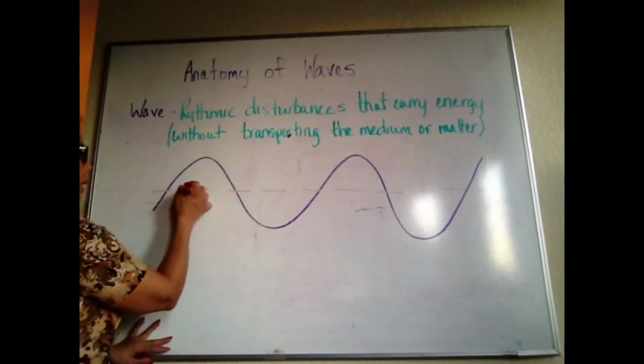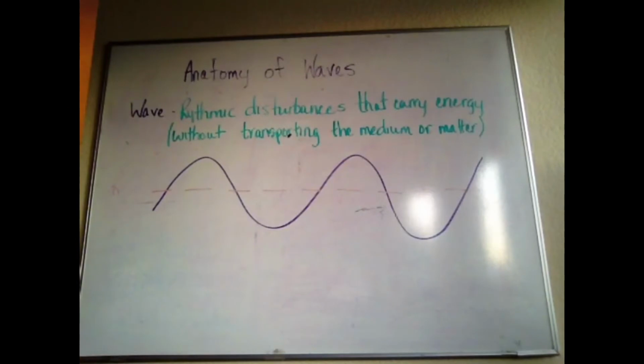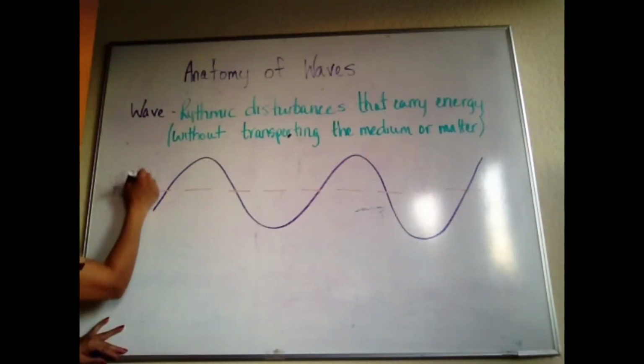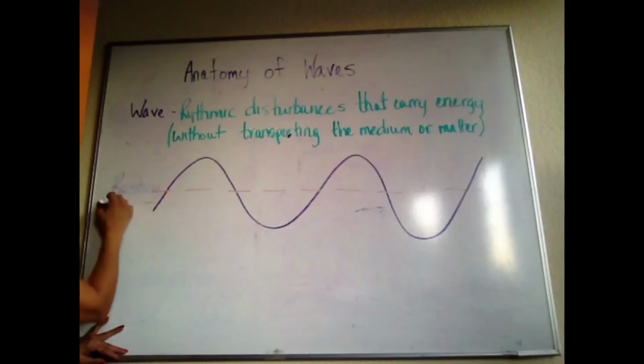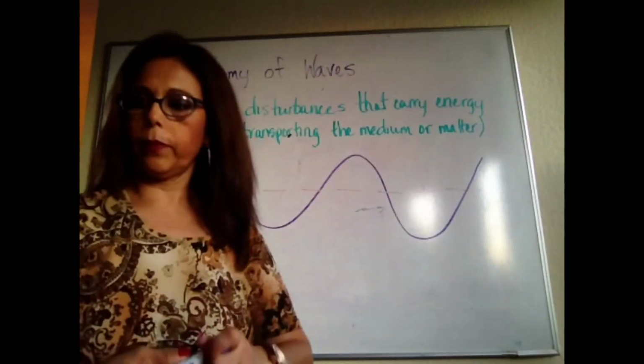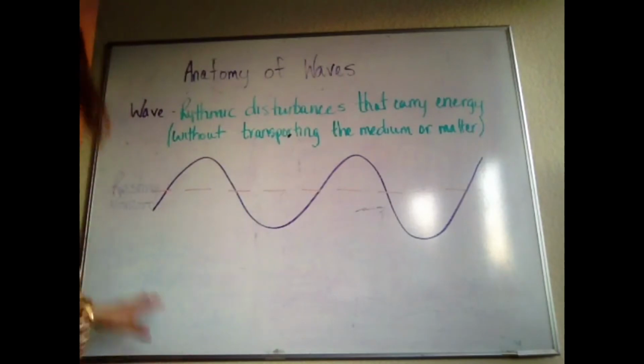So this part right here is resting. Let me change my marker since you can't see that one. Resting position. In other words, undisturbed medium. No energy is going through there. So we have the resting position.